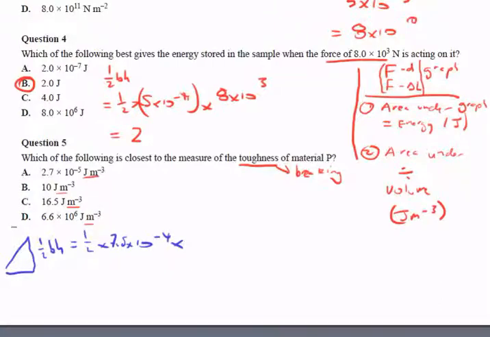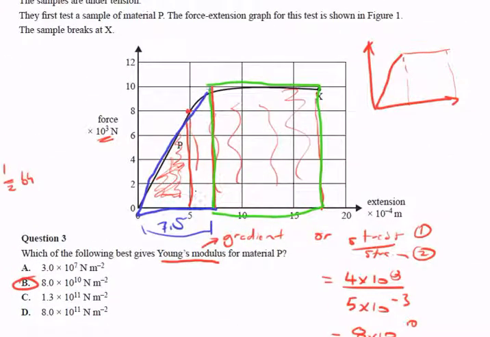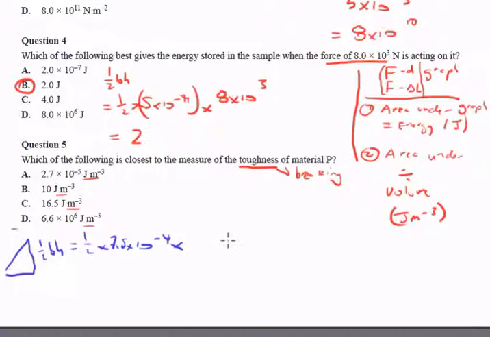And the height of my triangle is 10 by 10 to the 3. Times those together, and I get about 3.75.